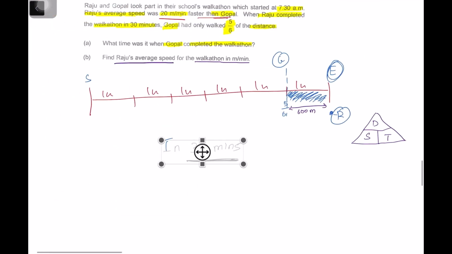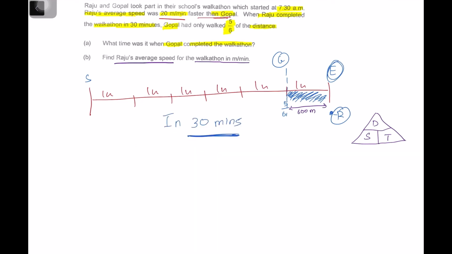Okay, so it means I'll erase this as well. So it means that the distance of 1u is 600 meters.